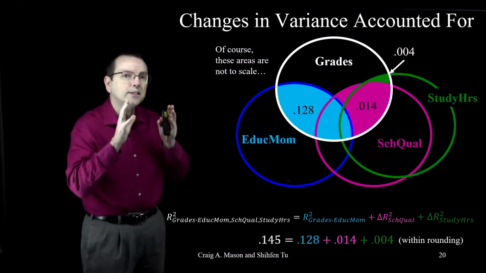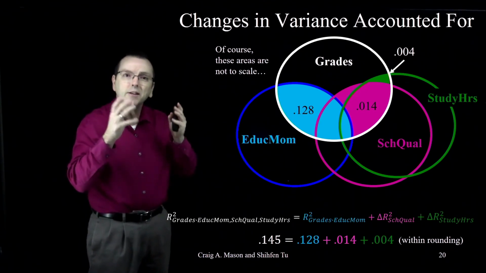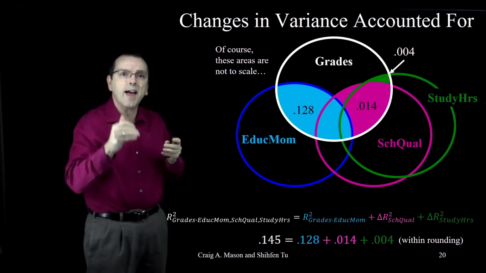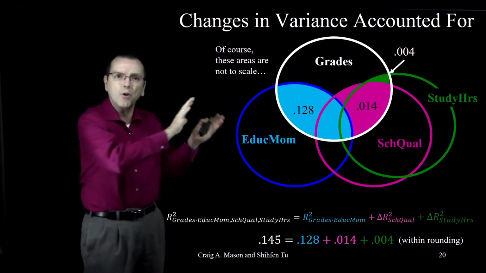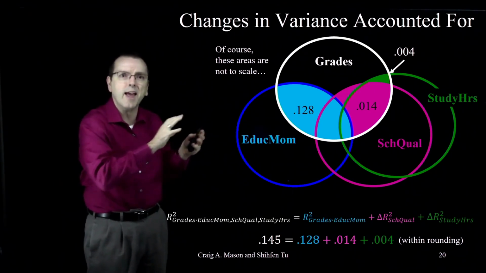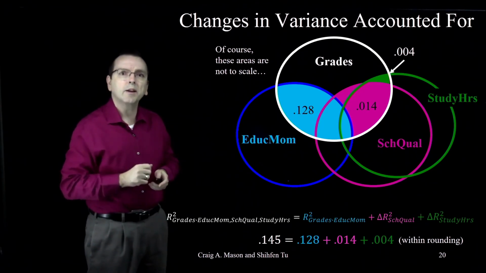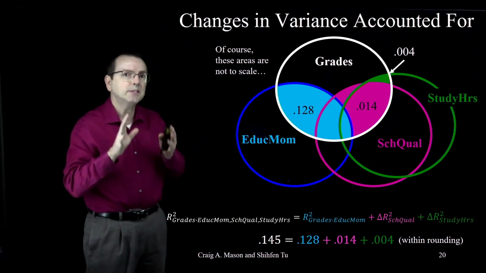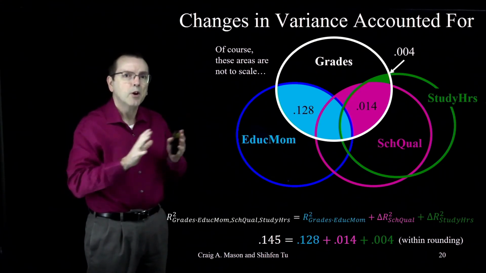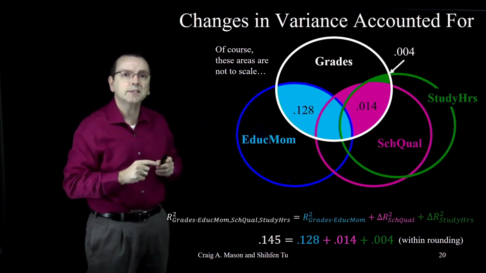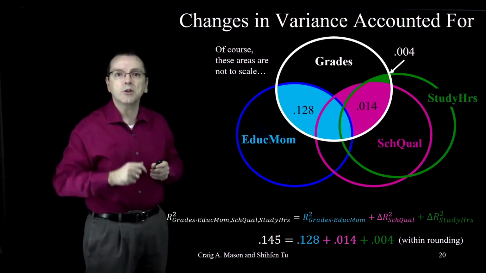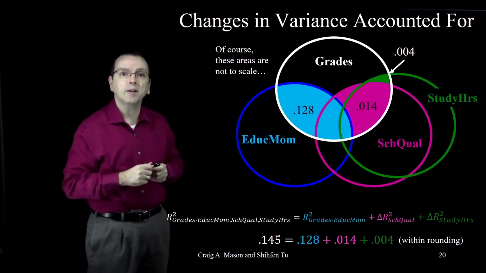Now, look closely at this variance, right? It's the variance in grades that is shared between study hours and grades, right? It's that overlapping variance between study hours and grades. But it's also shared with school quality and mother's education. But notice how, based on our sequential model, credit for that variance was already given to those other variables earlier in the model.